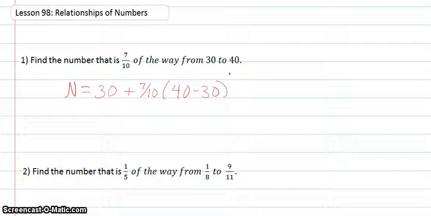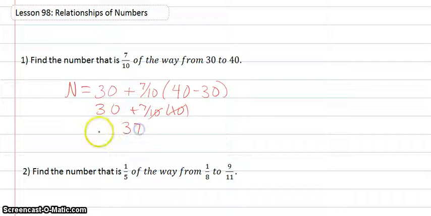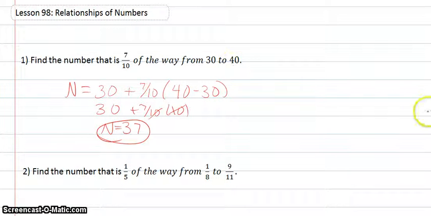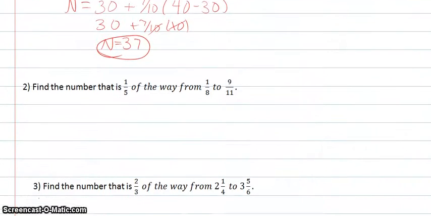Okay, so then I'll have 30 plus 7/10 times 10, and the 10s would cancel, so this is 30 plus 7, so it's 37. Is the number that's 7/10 of the way from 30 to 40. Okay, let's look at the next one.